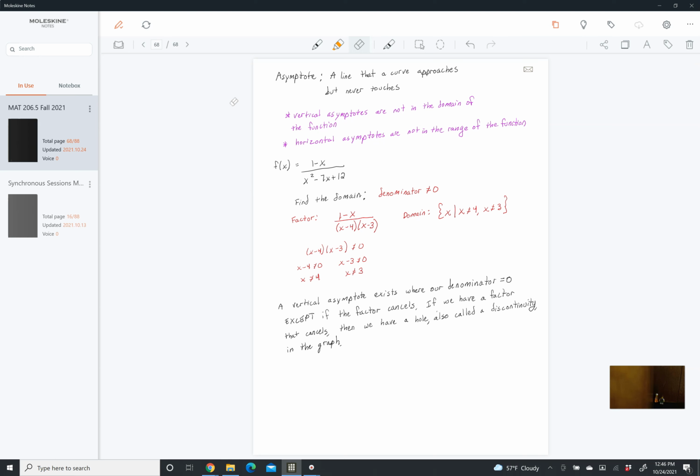Okay, what do we mean by that? An asymptote would look like this. A hole is literally a hole.